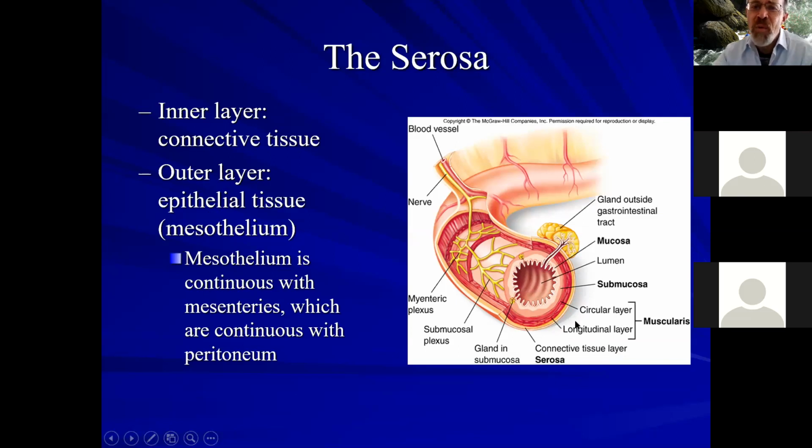Basically, it's part of what we call the peritoneum, which is pretty much the same as when we talk about the pleural membranes that surround the lungs, the pericardium that surrounds the heart. We've got the peritoneum that wraps around most of the digestive organs.